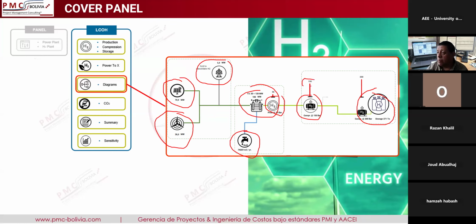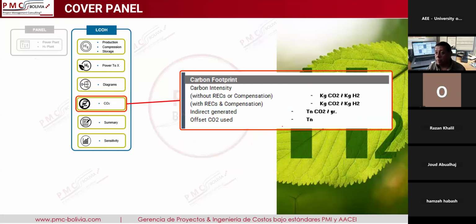We can see the pressure levels, for example, in production 30 bars, in compression 150 bars, and in storage 200 bars. We have 32 ways of configuring these diagrams.